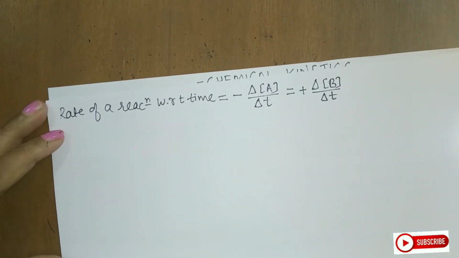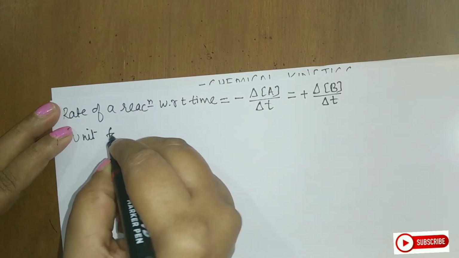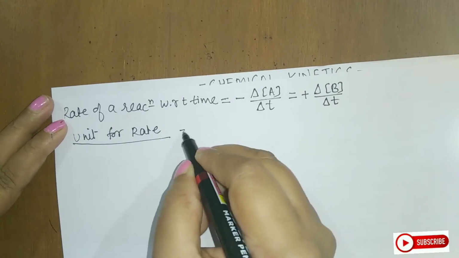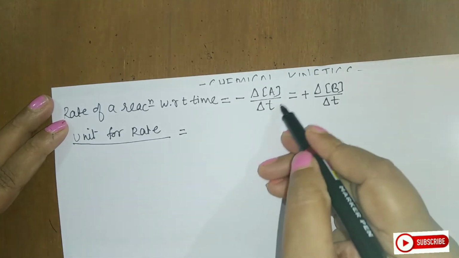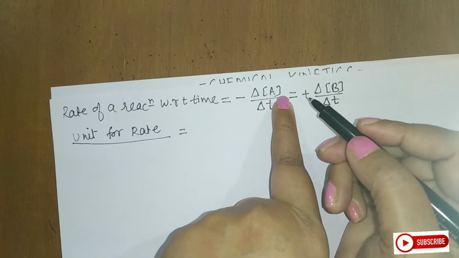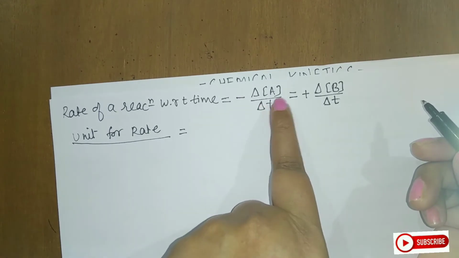So this is how I will write for the complete reaction. Now students, what will be the unit for rate? To know the unit for rate, you can take any one out of these. So I am using this. What is the unit for this active mass? This active mass means mole per liter or mole per dm cube.